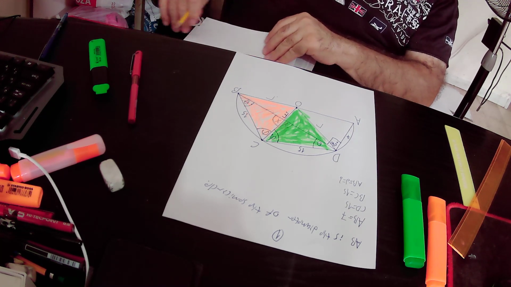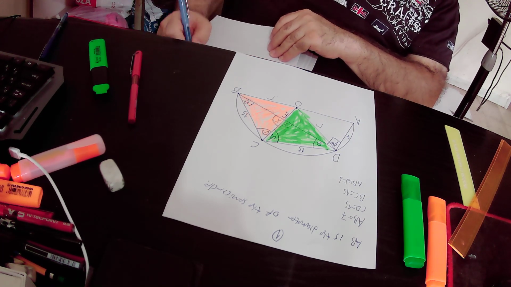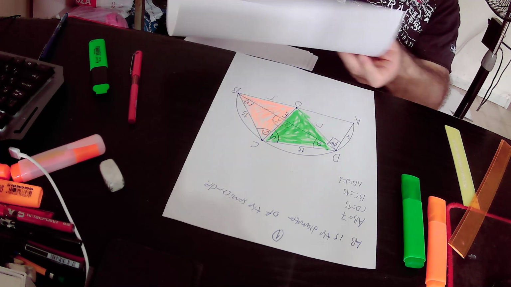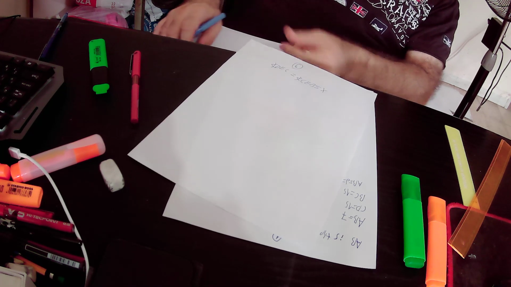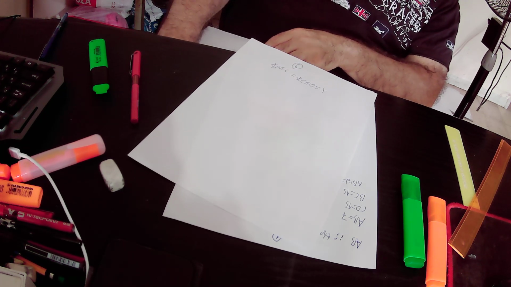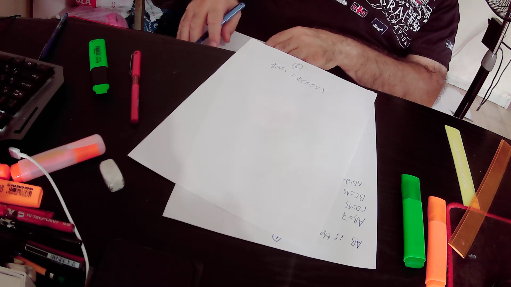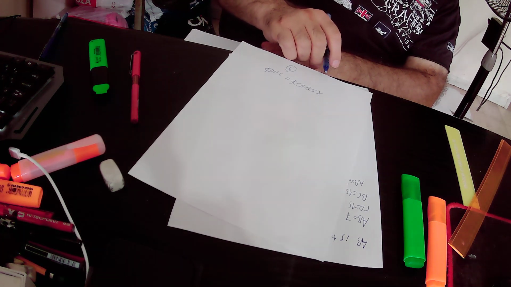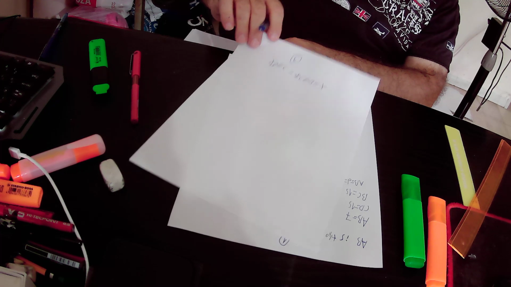Okay, so again, angle DEC in the green triangle is equal to angle CEB in the orange triangle, and those two angles are equal to x according to our definition.